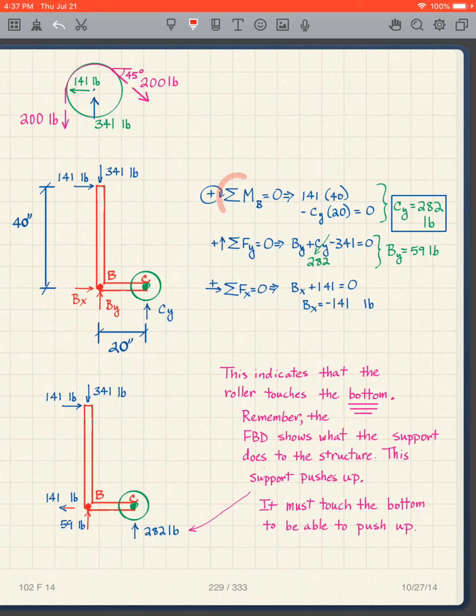I can take the sum of the moments about B equals 0, and you can see that we're going to get what? That's going to be a positive 141 times 40 inches.